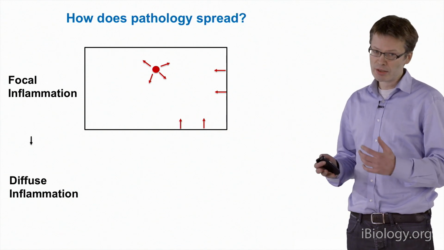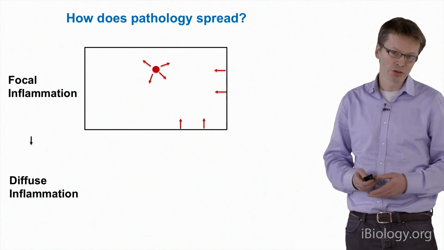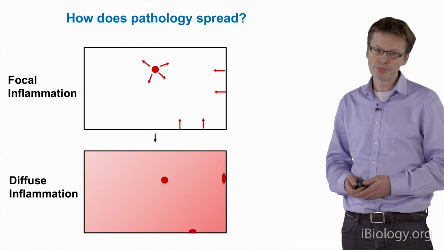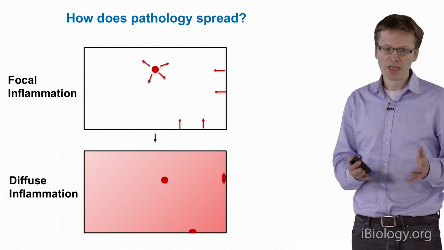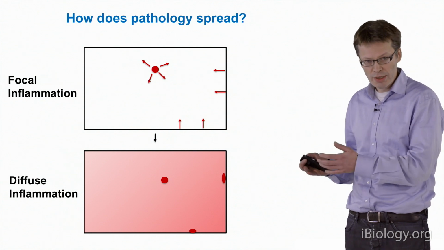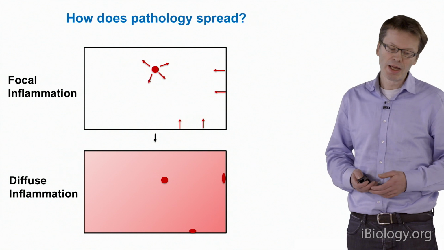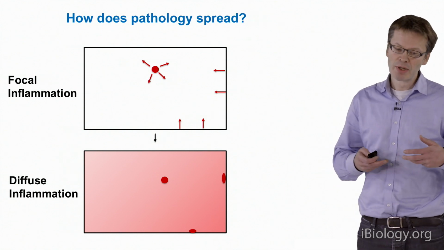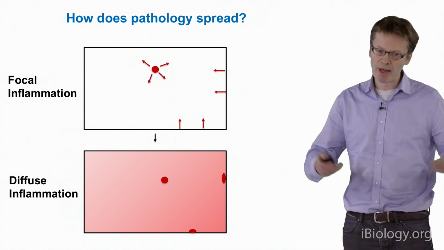In addition, immune cells from the periphery may enter the brain from the edges or from the meninges. So at the end you have a focal inflammation which converts into a diffuse inflammation which may have different components. One is the cells from the periphery which have entered the brain, and the other might be the microglia, the resident macrophages of the brain that have become activated.